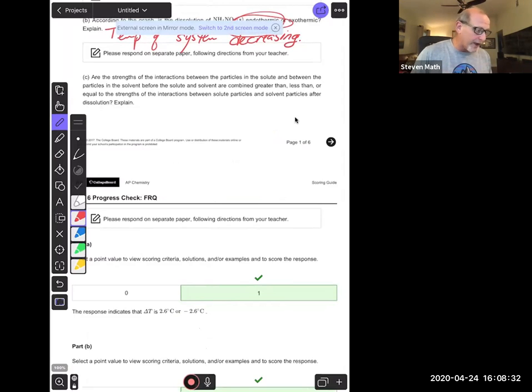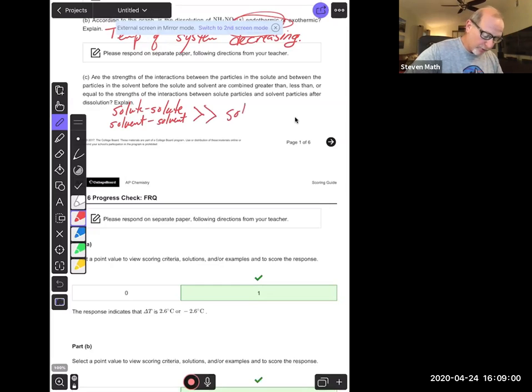And so what we're going to say is, because this is endothermic and we're going to have to put energy into it, then the solute-solute interactions, as well as the solvent-solvent interactions, are really going to be much stronger than the solute-solvent interaction.